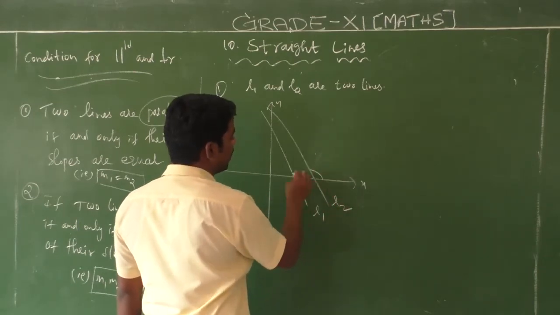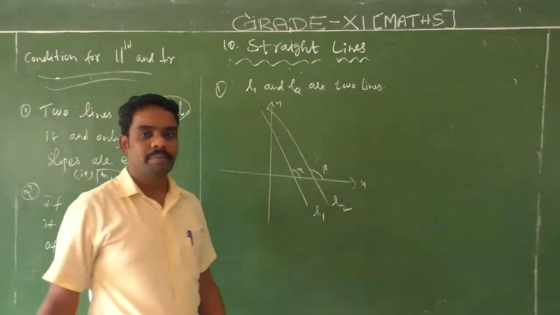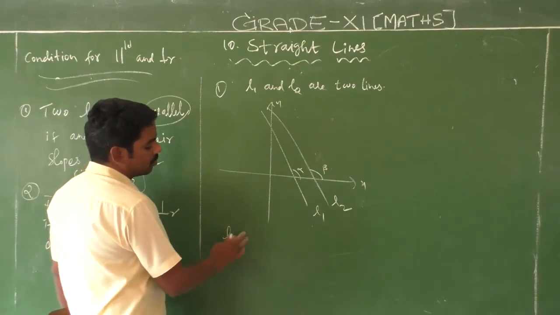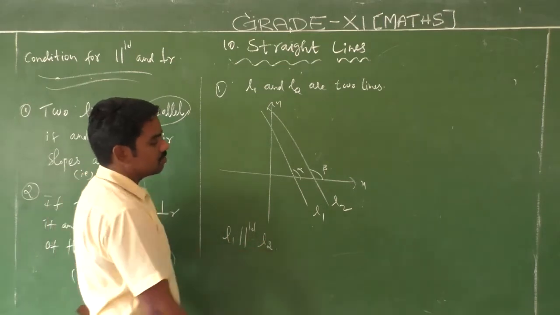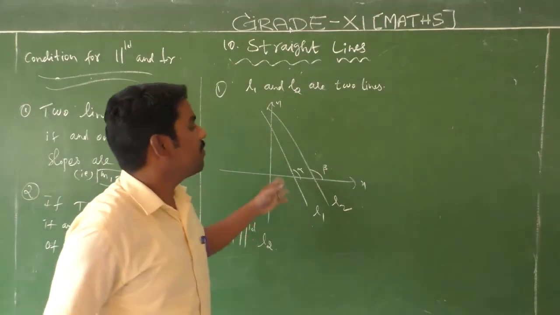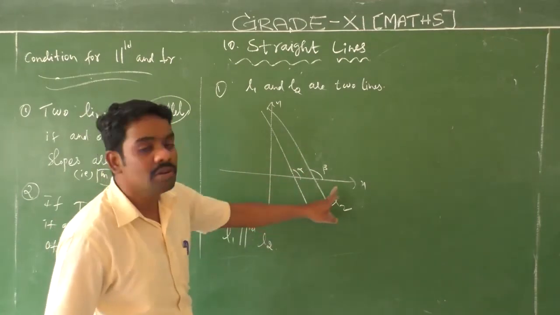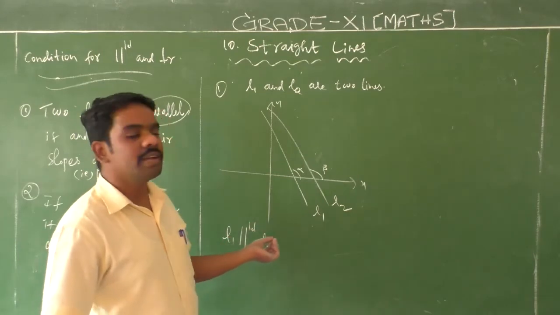The angle of inclination of L1 is alpha and the angle of inclination of L2 is beta. Here L1 is parallel to L2. These two lines are non-vertical lines, and they are parallel to each other.